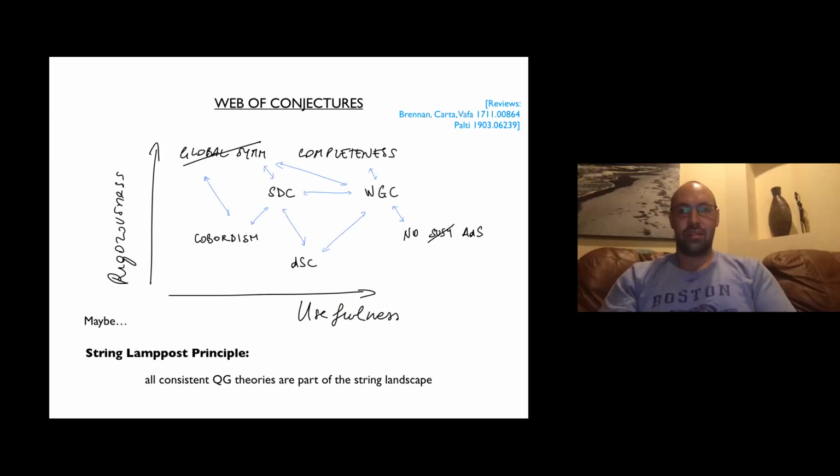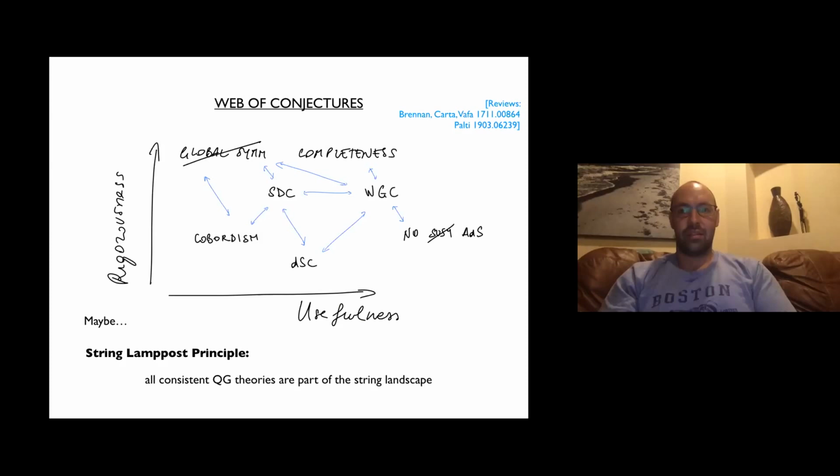I really like this interpretation by Hiroshi, which puts all these conjectures in a really nice diagram that plots rigor against usefulness. I found it pretty interesting.